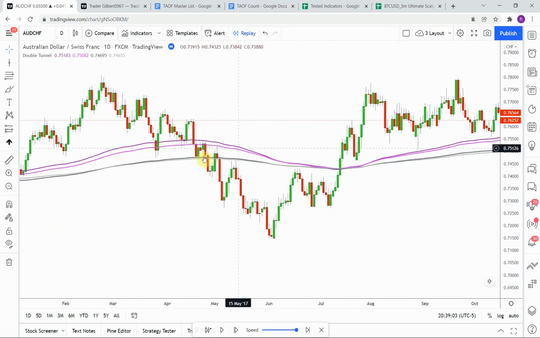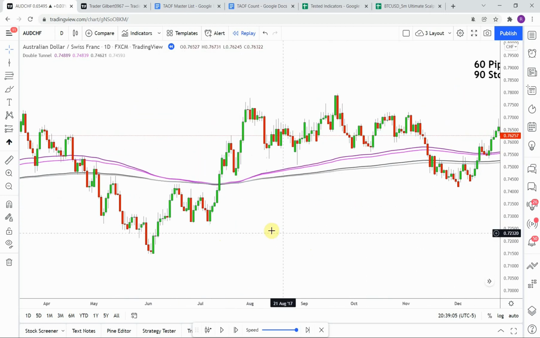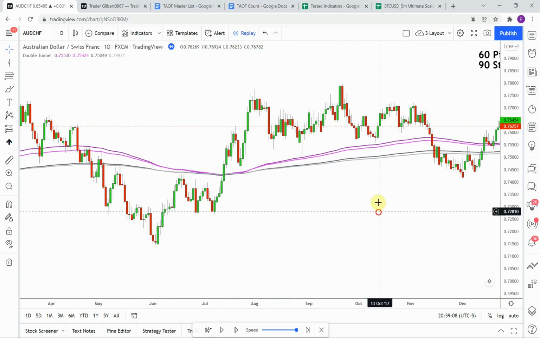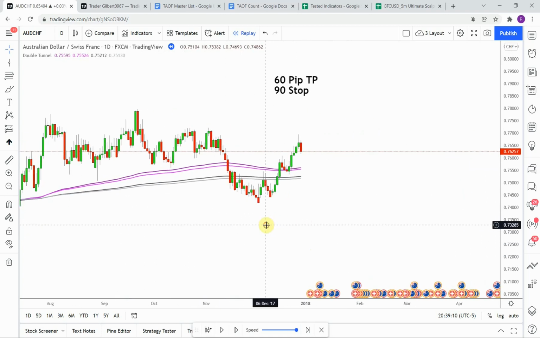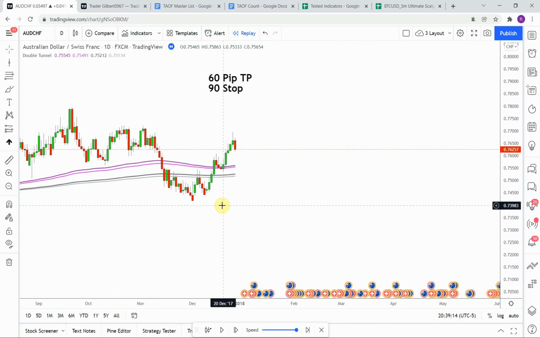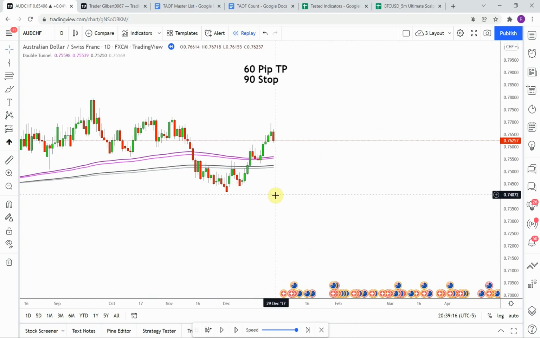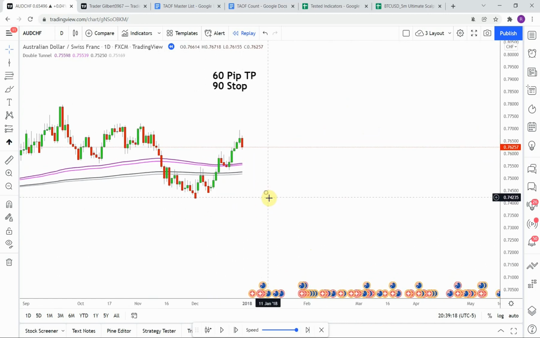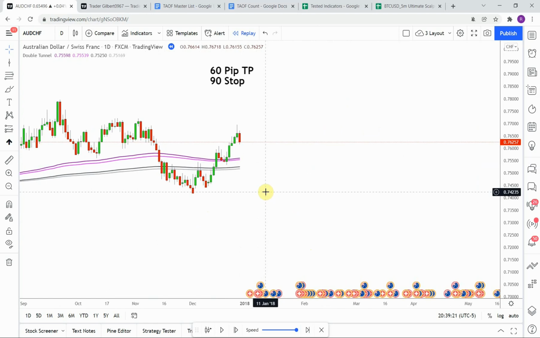When both the purple moving averages cross down below the gray and black, then we will go short. Like I said, let's try that one first, and then we might play around with this in a couple other ways in other videos. So let's go ahead and get on with the testing and see what we can get out of this.